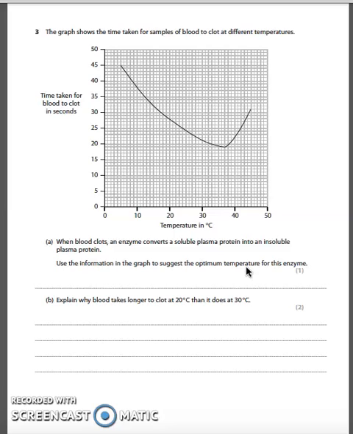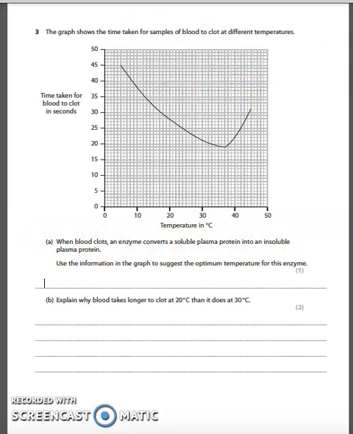The optimum temperature is the temperature where the enzyme can work the best. It means that it will require the shortest time to convert the soluble plasma protein into an insoluble plasma protein.